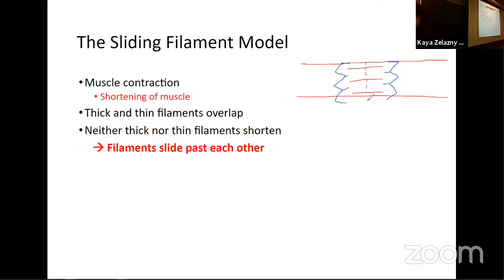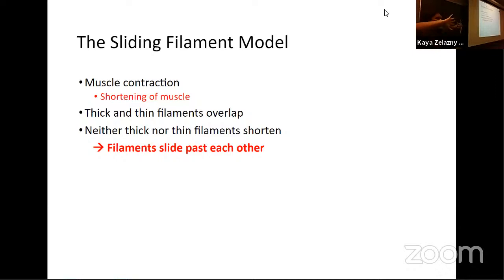M line. Right? We have this sarcomere, and in order to make our muscle overall shorter, we need to make this sarcomere shorter. We need to shrink it. So that's how we're going to shrink the muscle, how we're going to pull on either end. So conceptually, what we're doing is sliding the actin and the myosin past each other.